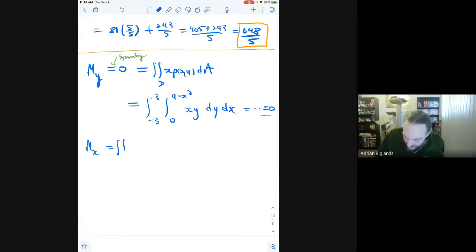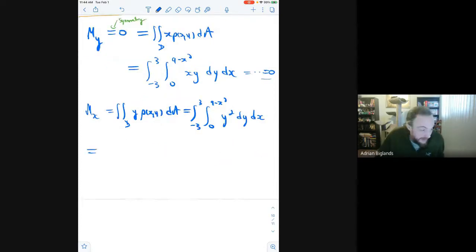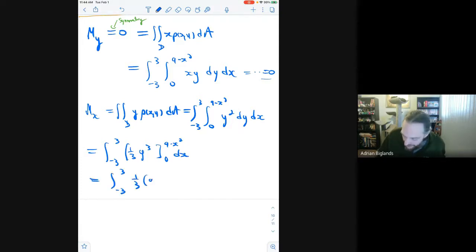Mx is the double integral over our region D of y times rho xy dA, which will be the integral from negative 3 to 3, the integral from 0 to 9 minus x squared of y squared dy dx, which now becomes, even, I hope again, the integral from negative 3 to 3 of 1/3 y cubed evaluated from 0 to 9 minus x squared dx, which is the integral from -3 to 3 of 1 over 3 times 9 minus x squared cubed dx.